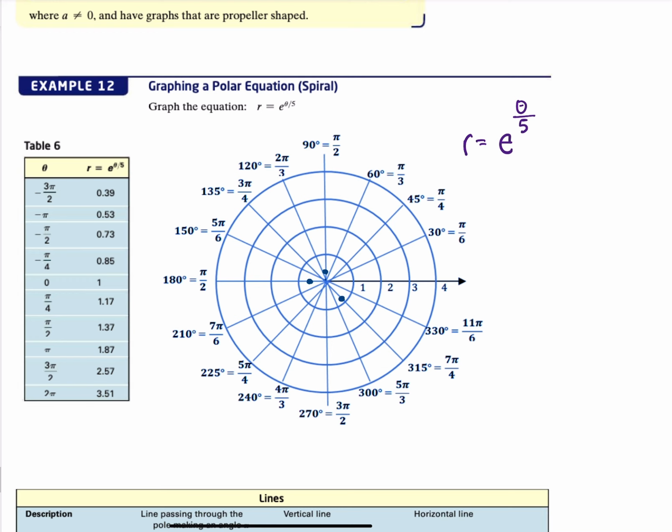Maybe I should move this one a little bit lower. Then 0, 1, or I'm kind of reading this backwards. Should be r, theta, so 1, 0. Then 1.17, pi over 4. 1.37, pi over 2.